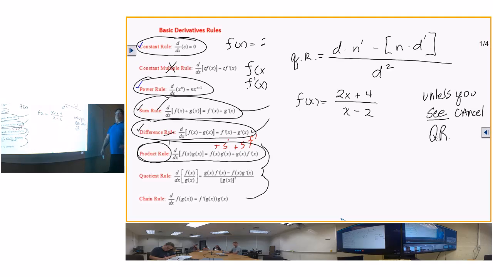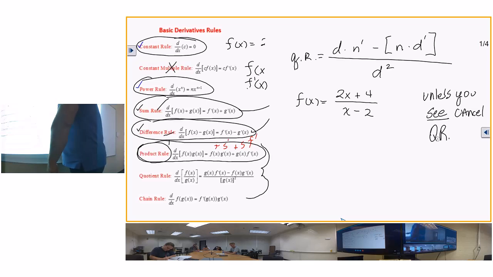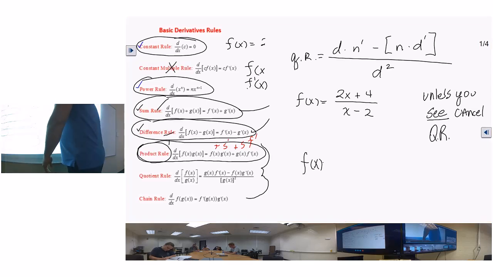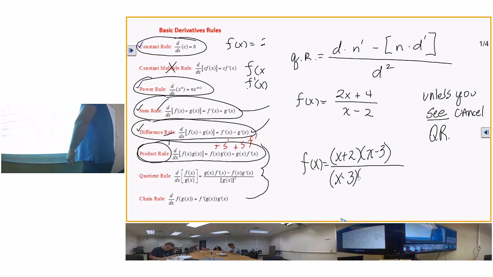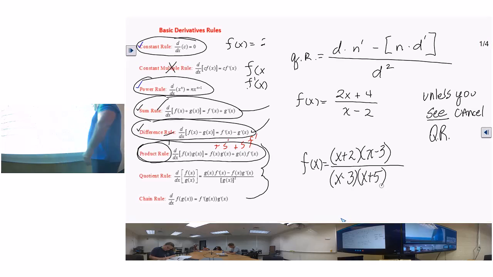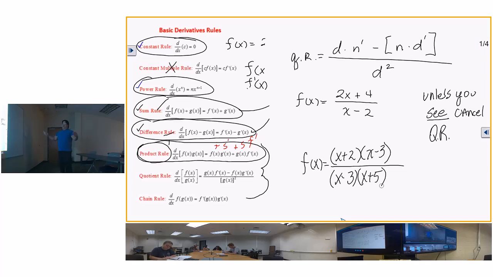Okay? I'll give you an example of one where you see something cancel. F of x is equal to (x plus 2)(x minus 3) over (x minus 3)(x plus 5). Well, there's no sense in doing the product rule up top and the product rule on the bottom, then doing the quotient rule. You can cancel the x minus 3's, and you could use algebra there.